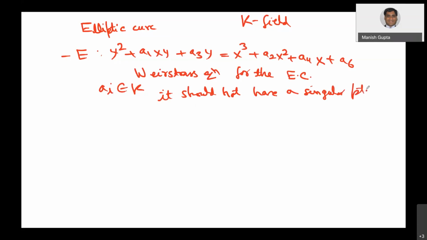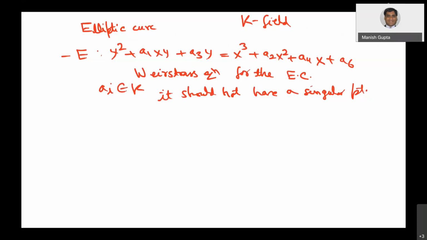So it should be smooth. If this kind of equation does not have a singularity, as we described earlier in our examples, then it gives rise to what is known as an elliptic curve. The genus of such elliptic curves is 1.